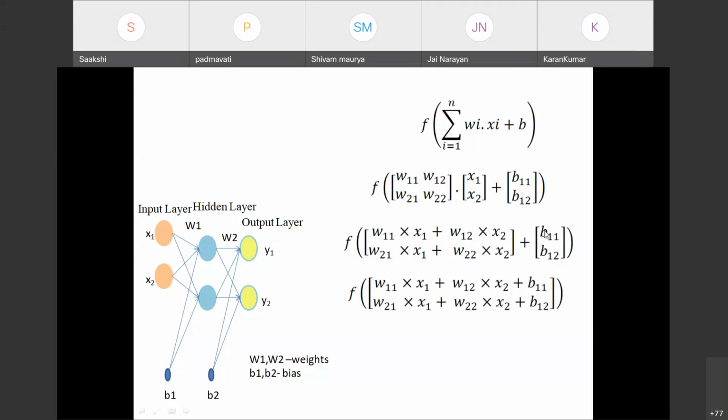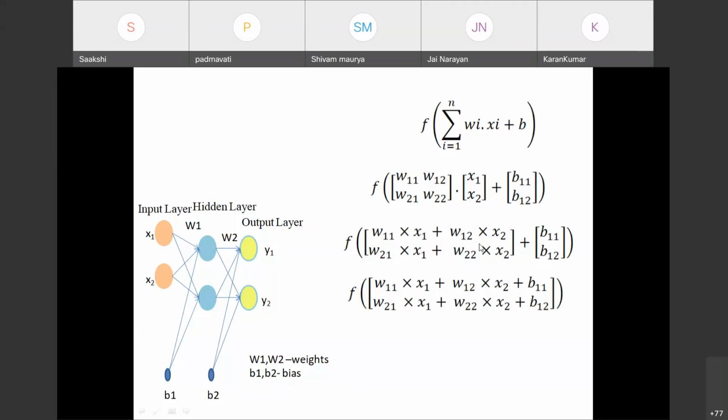So B11 is passed to this neuron, and B12 to this one. This is a simple matrix into vector multiplication, 2 cross 2 into 2 cross 1, so the result comes out to be 2 cross 1.